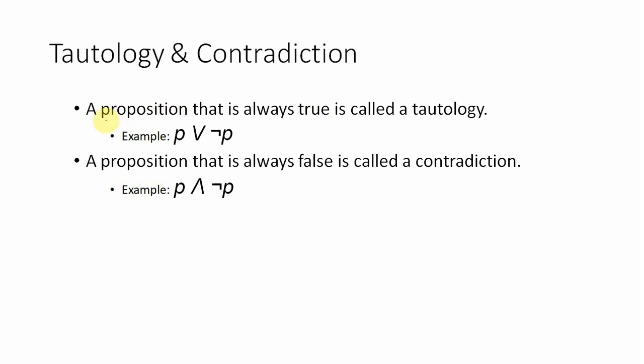Now let me introduce a couple of new terms: tautology and contradiction. A proposition that always has a value of true irrespective of its constituent atomic propositions is called a tautology. A proposition that always has the final value of false irrespective of its constituent atomic propositions is called a contradiction. Now we also have a third type of compound proposition which is called a contingency.